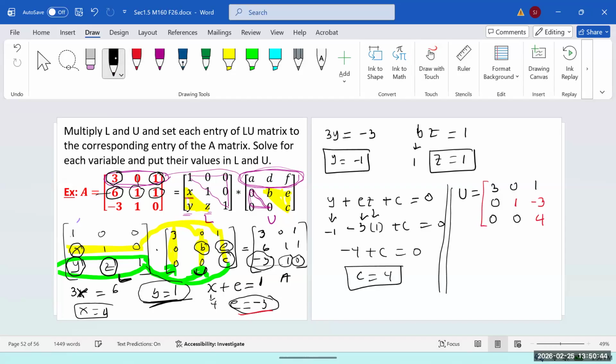So this is our upper matrix. And for the lower matrix, we need to know x, y, z. So we have 1, 0, 0, 1, 0, 1. Our x is 2, our y is -1 here, and our z is 1 here.